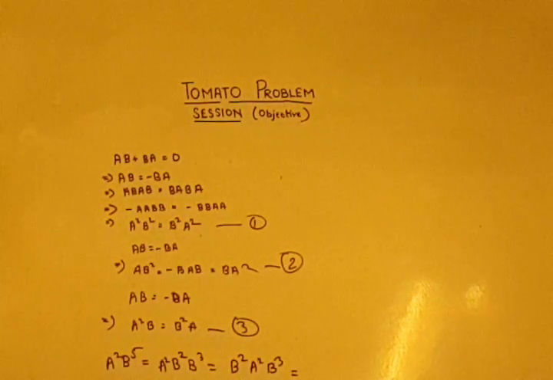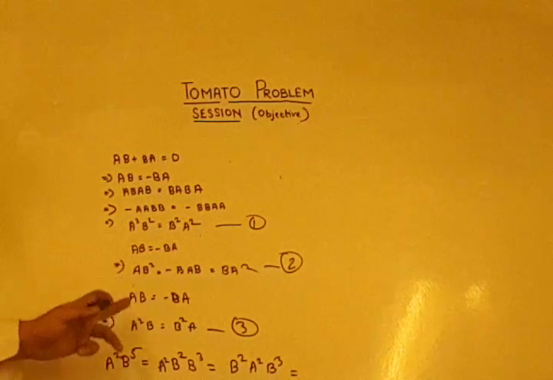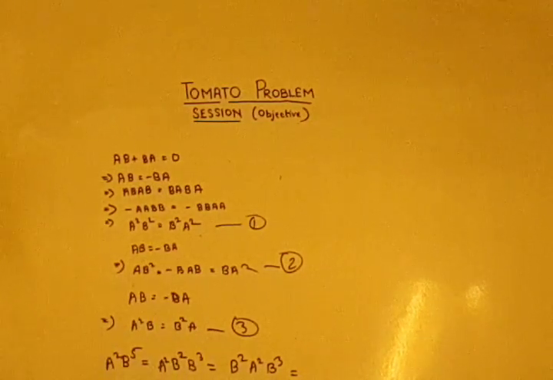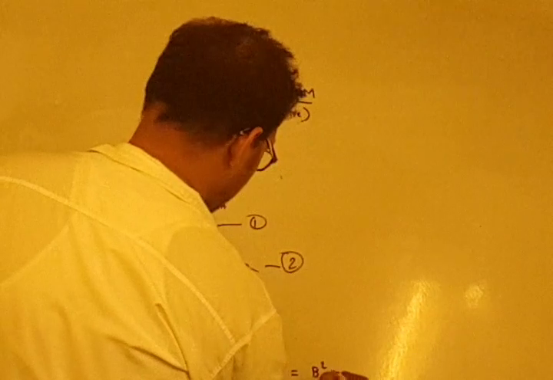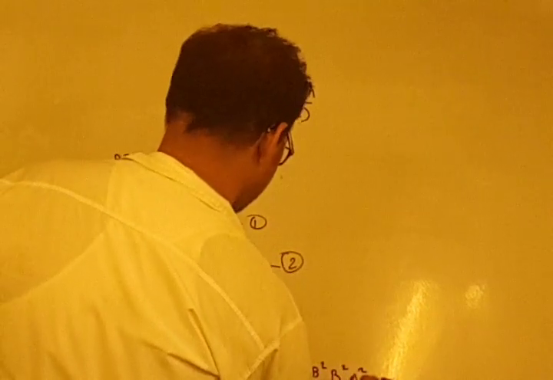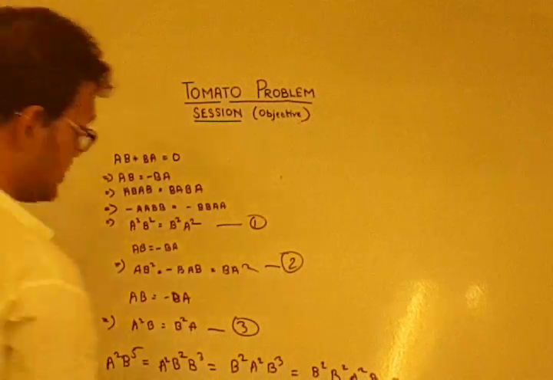So A squared B cubed is B squared A squared B cubed, because A squared B was derived: A squared B equals B A squared, and now we get B squared A squared B. Following the same logic, B squared A squared B is nothing but B to the power 5 A squared.